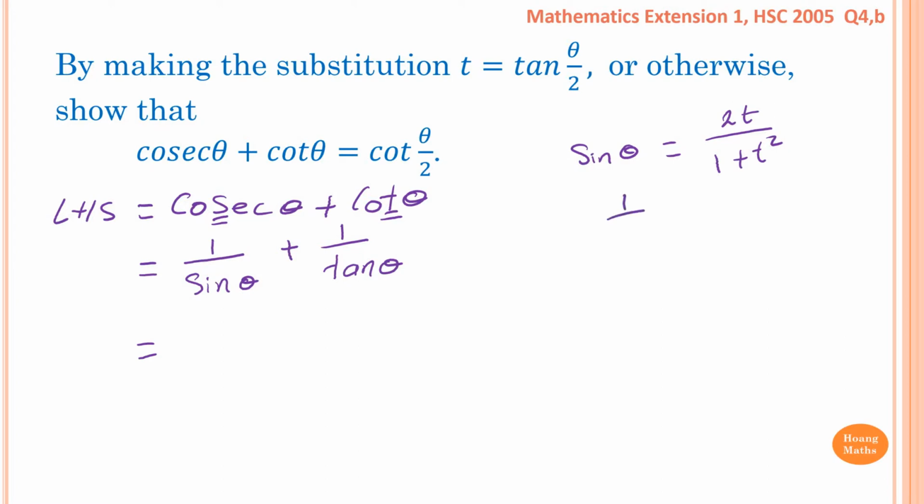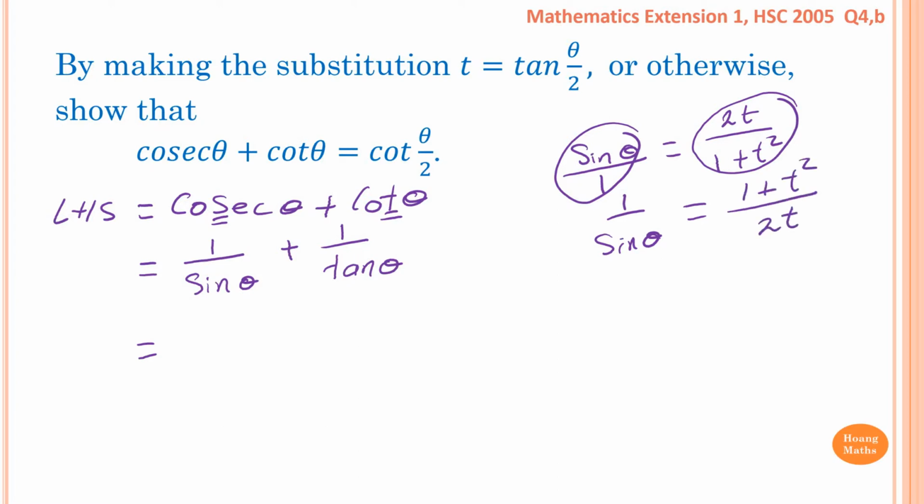So 1 over sine theta: because we flip this fraction, we just flip this as well, which is 1 plus t squared over 2t. So I just write this down: 1 over sine theta equals 1 plus t squared over 2t, plus 1 over tan theta.